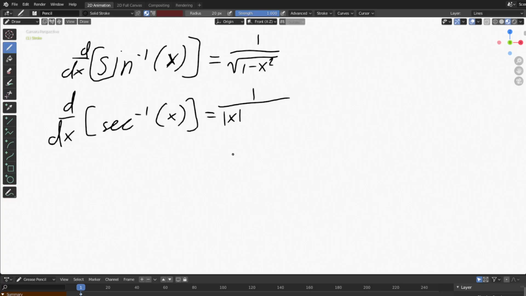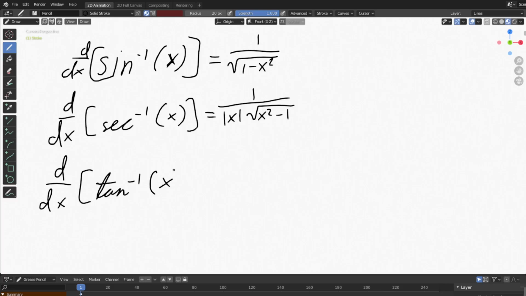So it's 1 over the absolute value of x times the square root of x squared minus 1. And then I would say that arctan is the simplest, where the derivative of arctan x is equal to 1 over x squared plus 1.